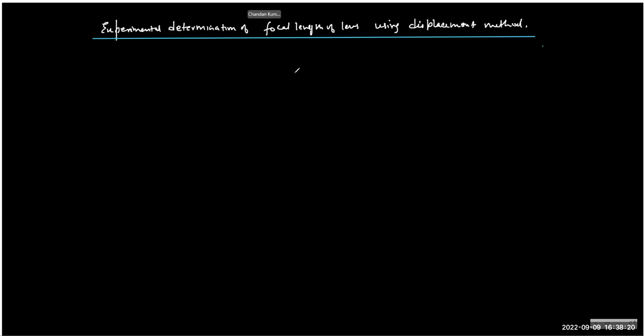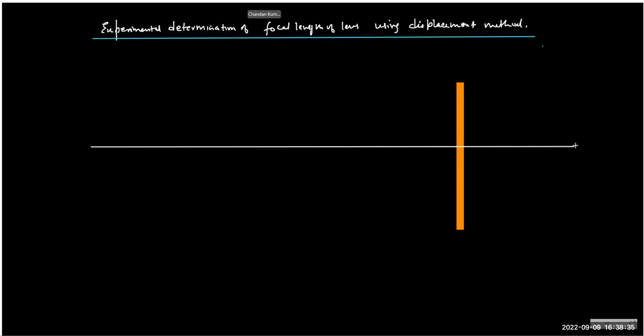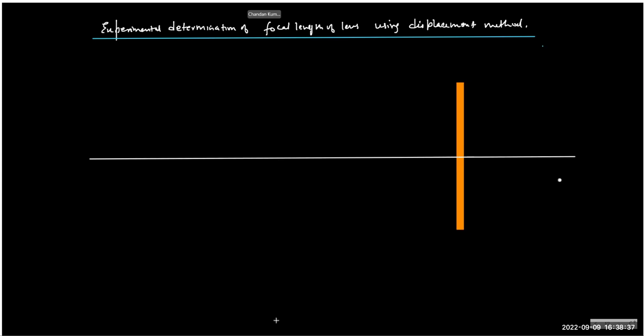Okay. So what is this displacement method? In this method, what we have is a screen, and this is the axis. And here we generally use a candle.